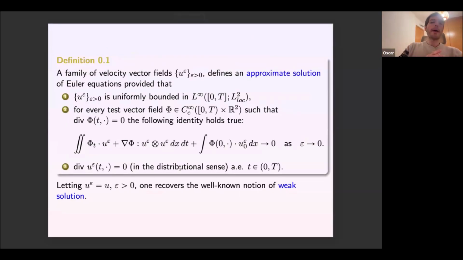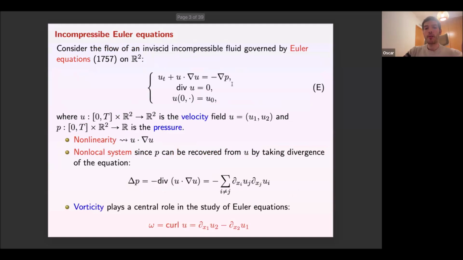So then DiPerna and Majda proposed the following definition of approximate solution family of Euler equations. We will say that a one-parameter family of vector fields, say u^epsilon, where epsilon is positive, is an approximate solution if the following three properties are satisfied. The first property says that you are working with finite energy approximate solutions. The second condition is the so-called compatibility condition. This is related to the variational formulation of this first equation.